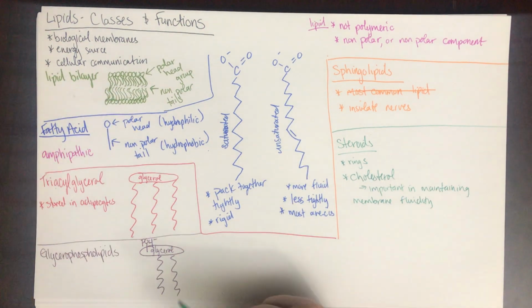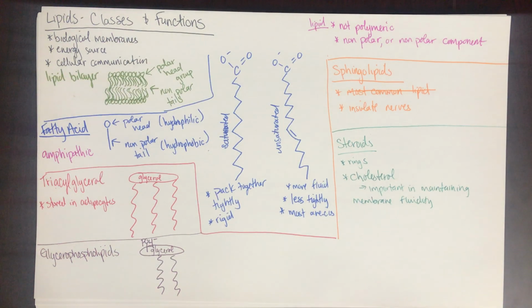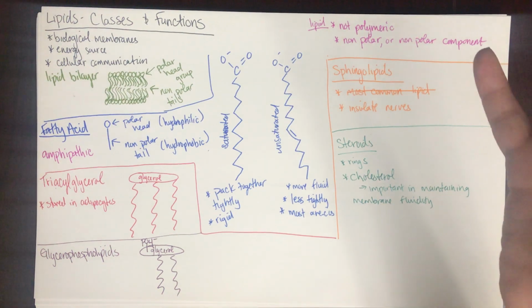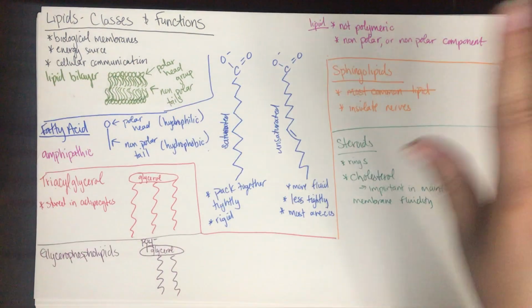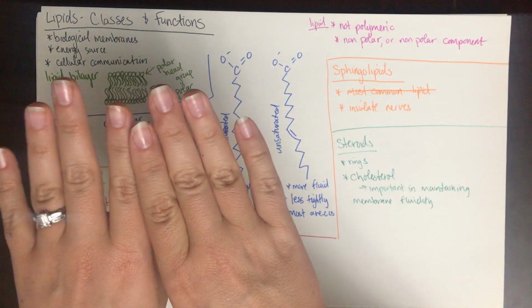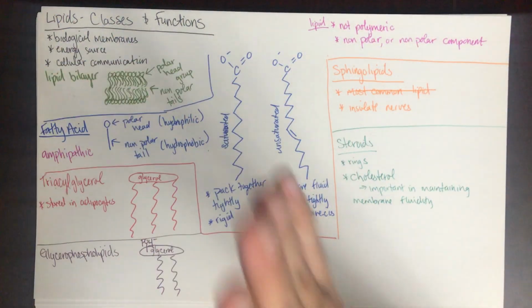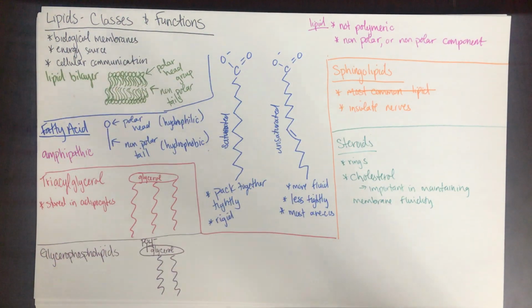Because we want this lipid bilayer to be fluid. You could think of it like a pool full of balloons or full of balls, and nothing was moving on the surface of that pool. Everything would touch each other, but if there were some waves in the pool, everything would kind of move together. So you want it to be fluid.